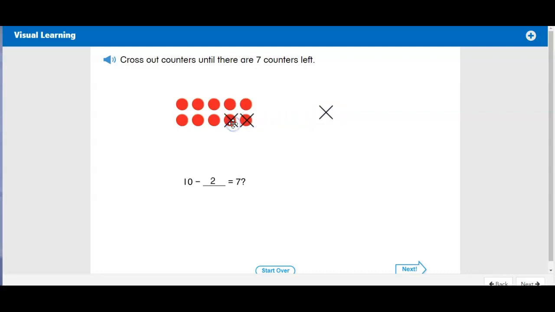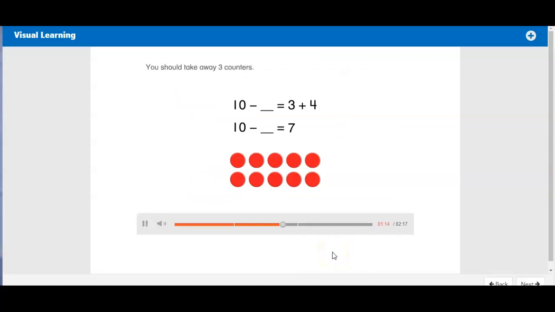So I know there are 1, 2, 3, 4, 5, 6, 7. So I need to cross out one more. Now there are 7 counters left. So 10 minus 3 would equal 7. You should take away 3 counters.